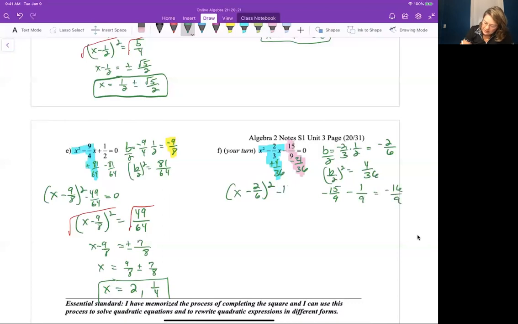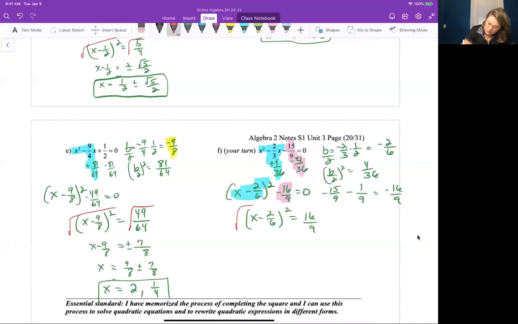So I have minus 16/9, and that is all equal to 0. We're continuing with the goal of finding the values of x that make the statement true. That portion of our expression was our perfect square, and this was us simplifying the values that are outside of that perfect square. So (x minus 2/6) squared is equal to a positive 16/9.